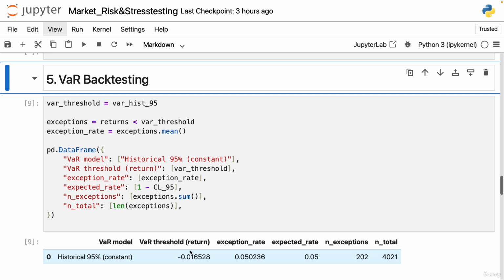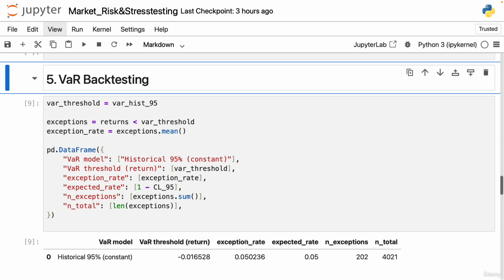Probably the most important columns are the exception rate and the expected rate. The expected rate for a 95% VaR is 5%, which is simply 1 minus the confidence level. The exception rate shows how often the VaR threshold was actually breached in the data.